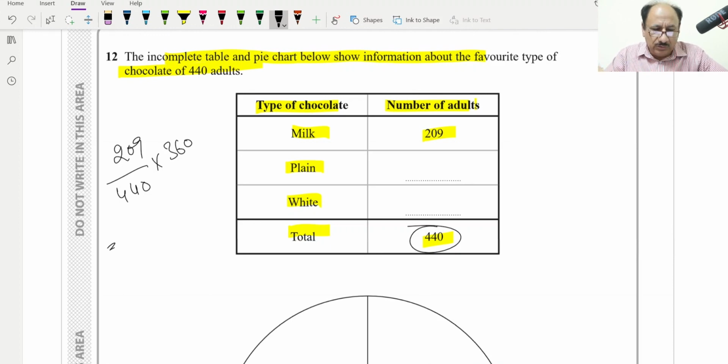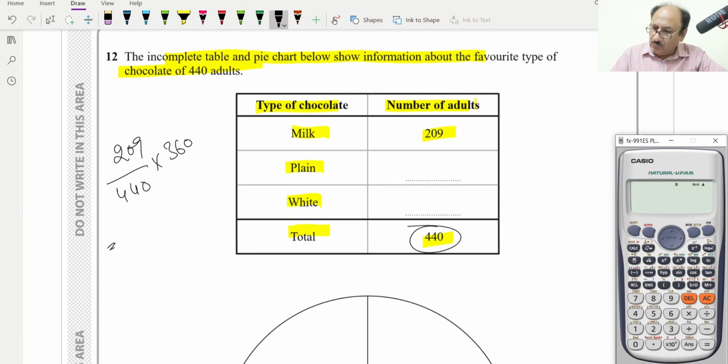So the angle will be equal to 209 over 440 multiplied by 360, which is equal to 171.